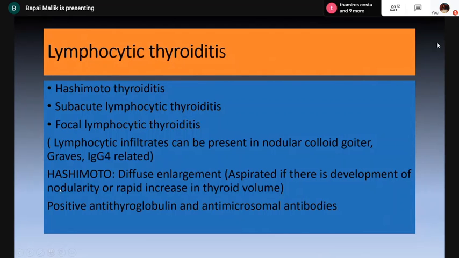If there is nodularity, the lesion is aspirated to see if a malignancy is developing on the Hashimoto's, or if there is a rapid increase in thyroid volume producing a choking sensation. Maybe there has to be some kind of intervention, so an FNA is done before that. And of course, there are positive anti-thyroglobulin and anti-microsomal antibodies associated with it.